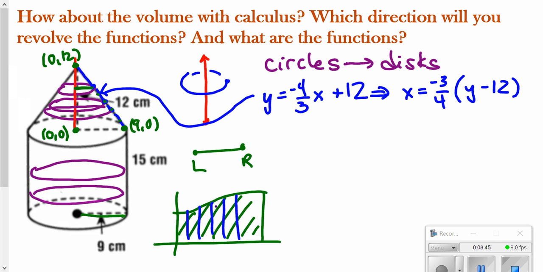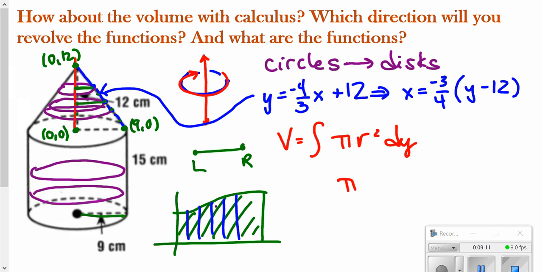Now, since each slice is a circle, my volume is going to be found by integrating the area. And area in this case is pi r squared, and it's going to be in terms of y, because I'm revolving around this vertical axis. So I'm going to have pi, and then each radius.